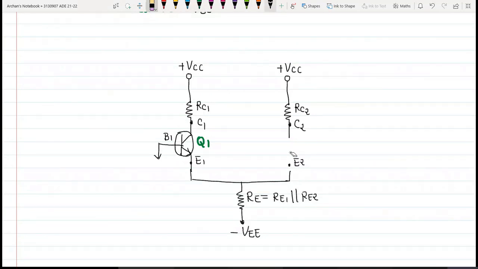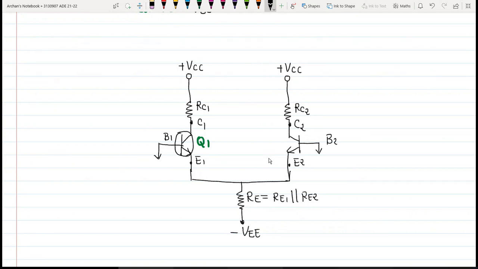So I am taking it outside. This is my emitter terminal, like this, and this is base terminal 2.